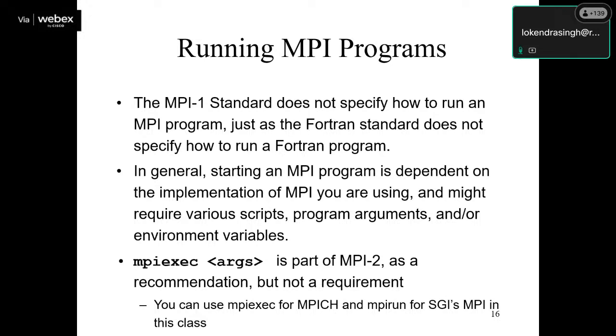So how can you run MPI programs? There are a number of standards available, MPI 1, MPI 2, MPICH. The MPI 1 standard does not specify how to run an MPI program, just as the Fortran standard does not specify how to run a Fortran program.